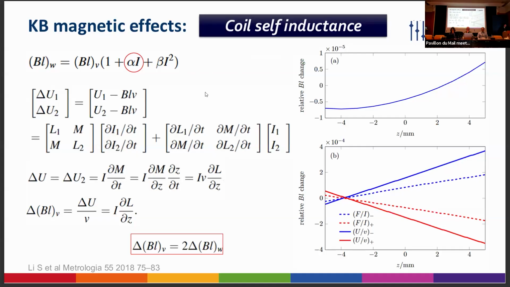Just the additional, I think Hall already introduced it yesterday. If you use a bifilar coil, use one mode measurement, you will find this current effects. These dashed lines are the weighing, muscle on, muscle off, and these solid curves are from the velocity measurement.